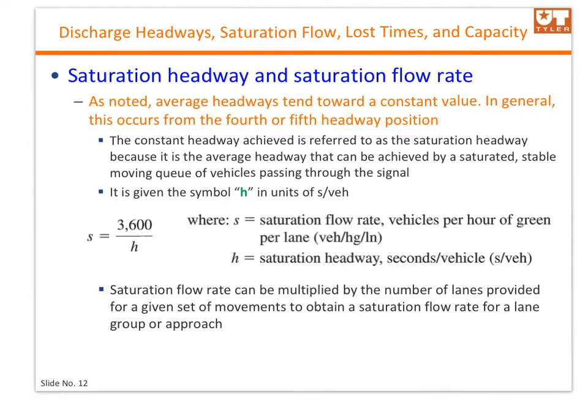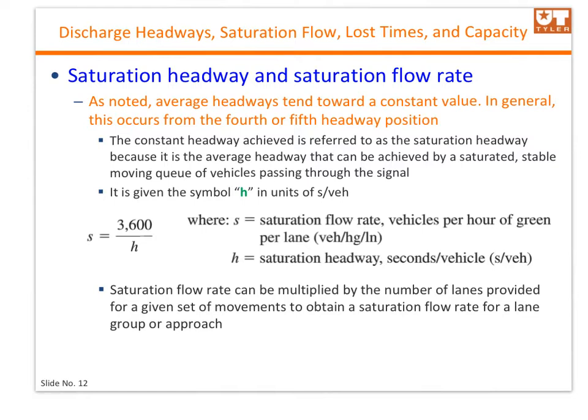So the constant headway can be achieved afterwards and is referred to as the saturation headway because it is the average headway that can be achieved by a saturated, stable moving queue of vehicles passing through the signal. Headway is typically given the symbol H, and the units for headway are seconds per vehicle. How much time is it going to take every vehicle to cross the beginning of the signal.